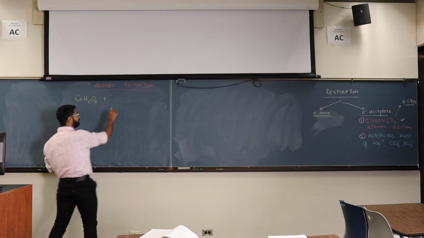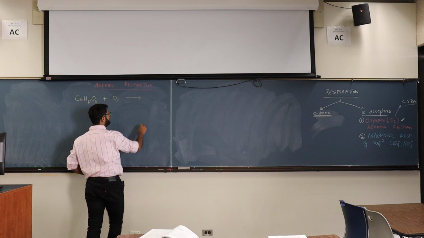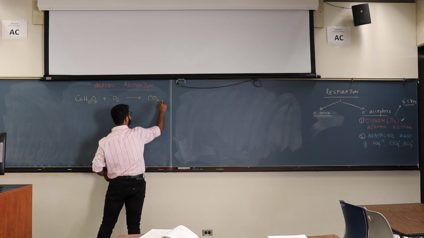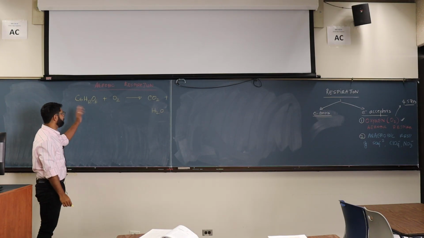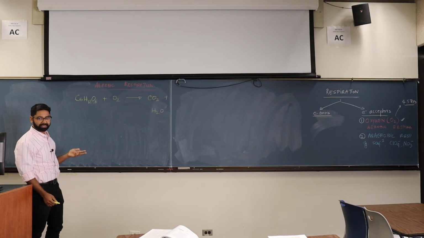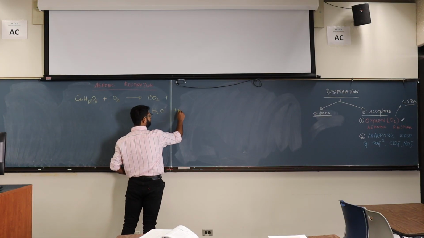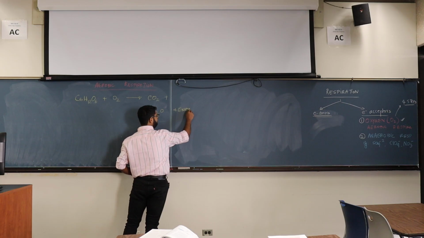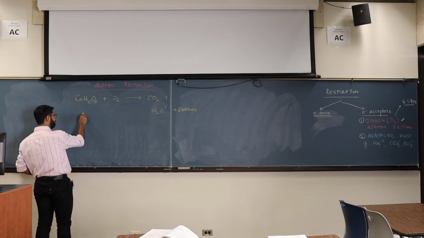Glucose plus O2 will produce CO2 plus water plus energy, right? I'm not balancing it out. So this is aerobic respiration. This is what we are going to actually study, and we are trying to see where things happen. So we already know this. What do we know? It has 4 steps.